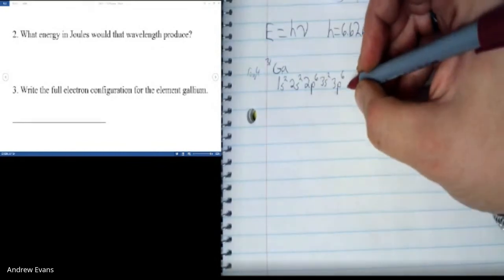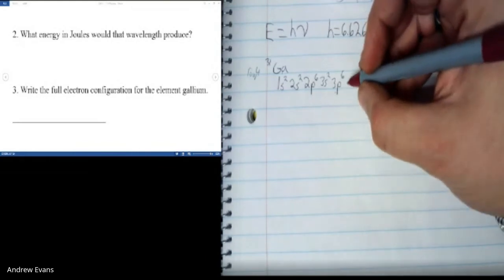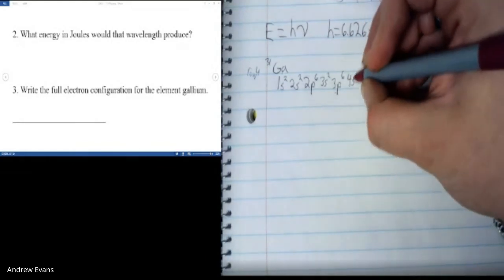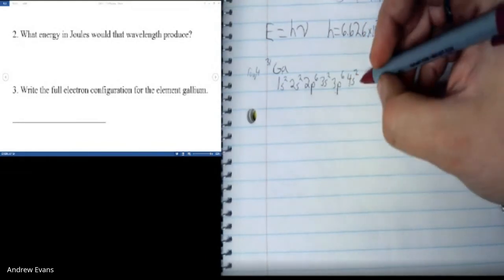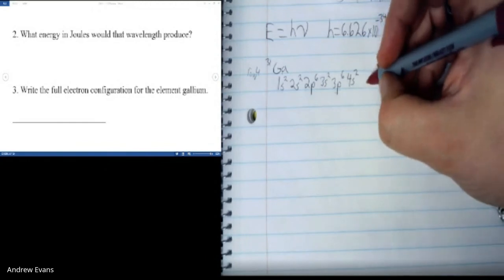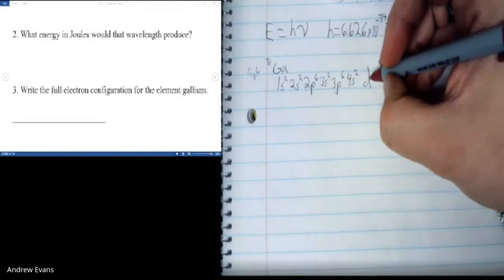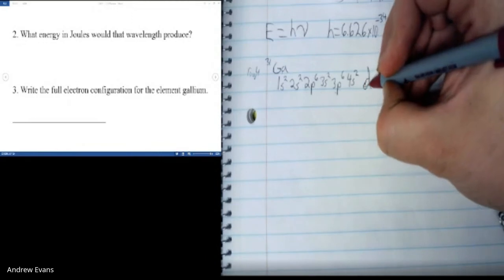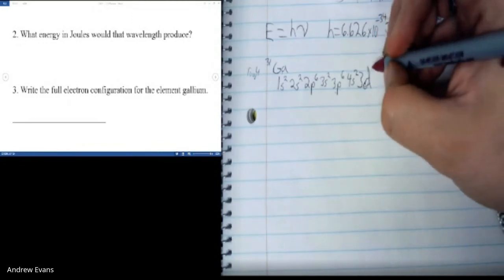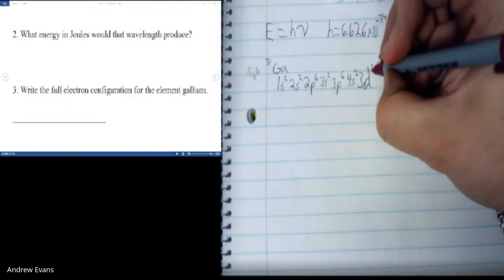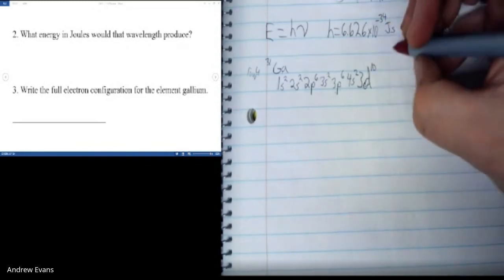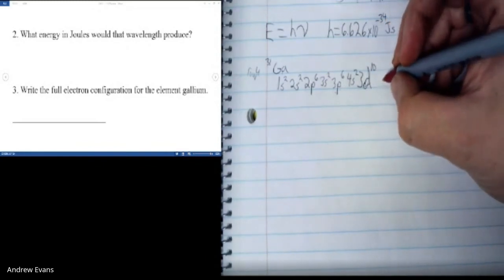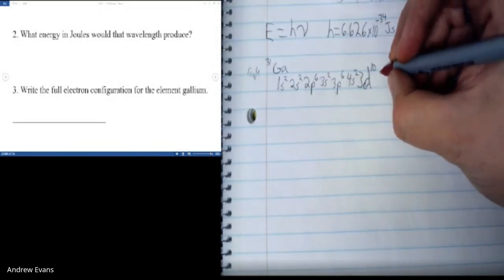Starting with the elements potassium and calcium, that's 4s2. Then I'm working my way across and I get into the d. It's d something, but d is row minus 1, so it's not 4d, but 3d. There are 10 elements in the d, so 3d10. Gallium is the first element in the p row.